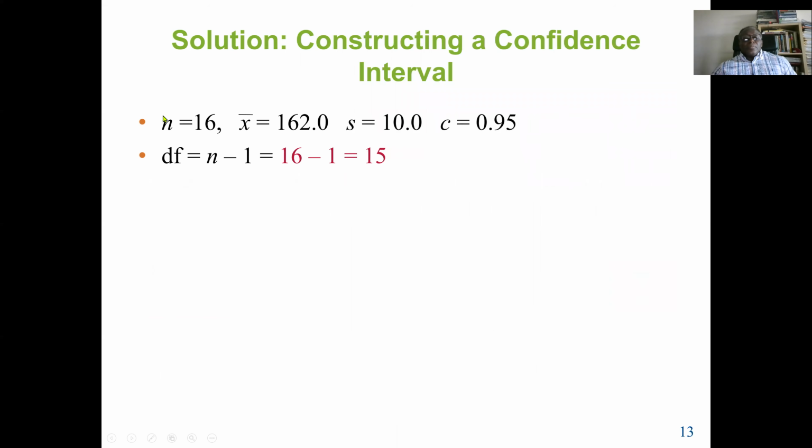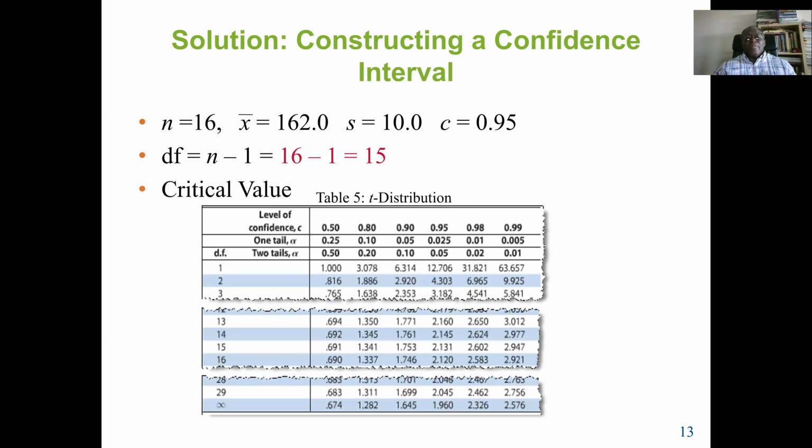So here, n is 16, x bar is 162, s is 10. So degrees of freedom will be n minus 1, which is 16 minus 1, which gives us 15.